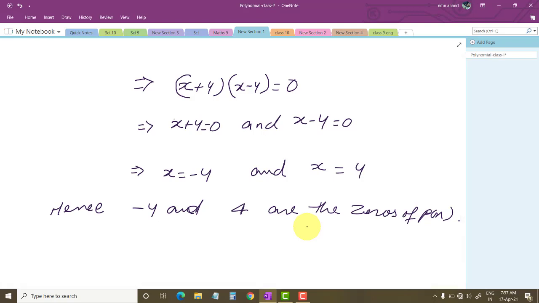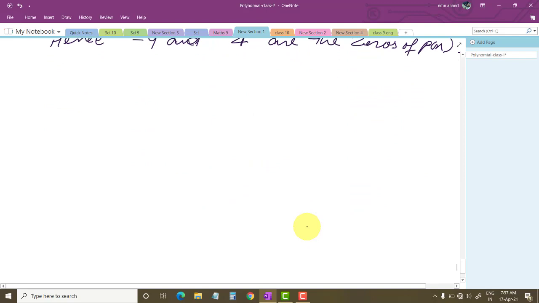Now see the next topic. Now we will move to exercise 2.2. This is our concept, and now we will start exercise 2.2 of polynomials from NCERT.